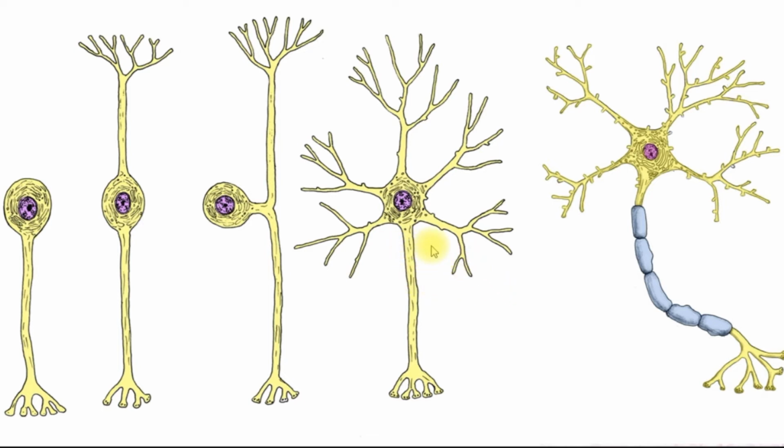And what are nerve fibers? Nerve fibers include dendrites or axons, which also have some envelopes, some covering. And here we can see an axon with myelin covering, and we call this a nerve fiber. So a nerve fiber includes axons or dendrites of the neurons with some envelopes.